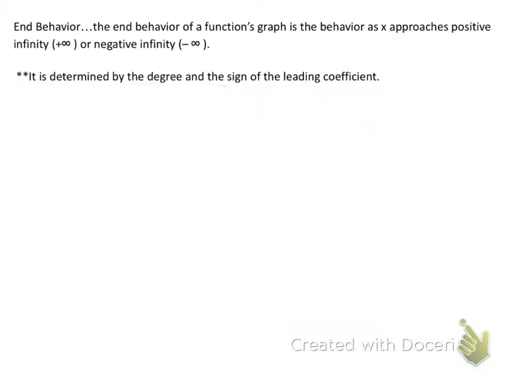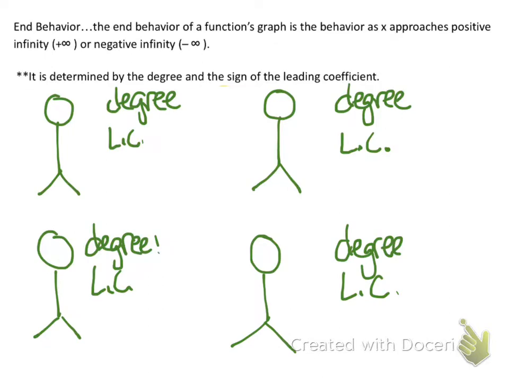Now when I teach this in class, I teach this by doing a little dance called the end behavior dance. And so you get to learn it by stick people doing the dance. So again, it's determined by the sign of the leading coefficient and the degree. First of all, when we do this little dance, the leading coefficient is positive and then negative, and then positive and then negative.